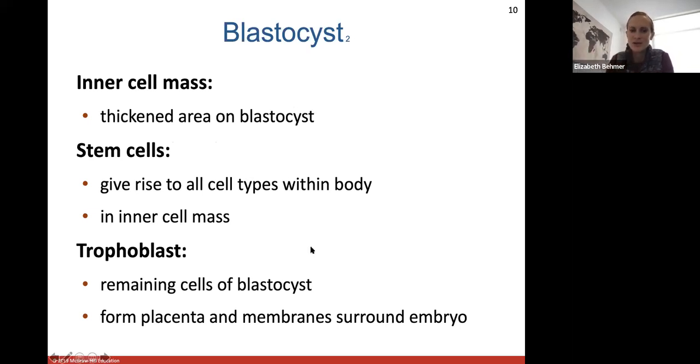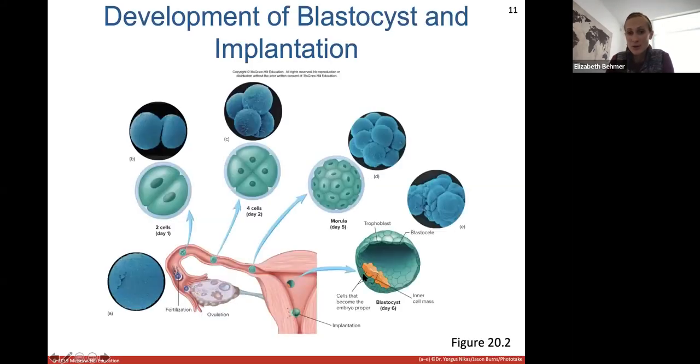So whenever you see the word stem cell, that will go on and differentiate into all the other cell types that the baby will need. The stem cells will be in the inner cell mass. And then the trophoblast is what we call the remaining cells of the blastocyst, and it will go on to form the placenta and the membranes that surround the embryo.